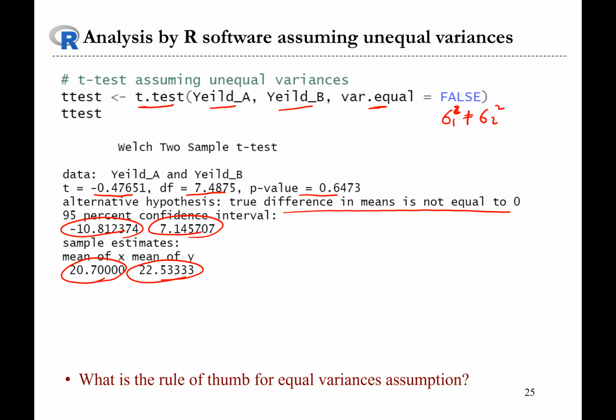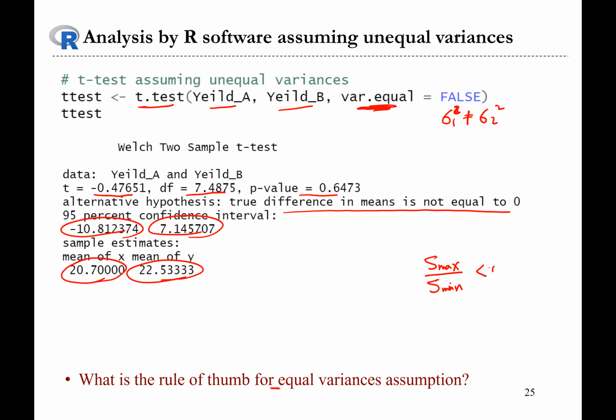So what is the rule of thumb for equal variances? Let me remind you. How do I decide that equal variance is false or true? There is a rule of thumb we covered, but there is a test I will cover in a few minutes. The rule of thumb is S maximum, the biggest standard deviation, divided by the smallest standard deviation.